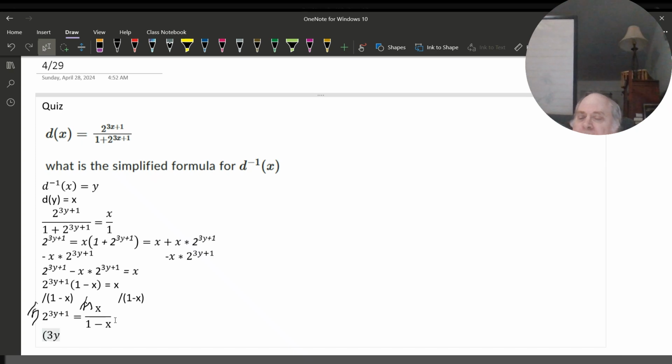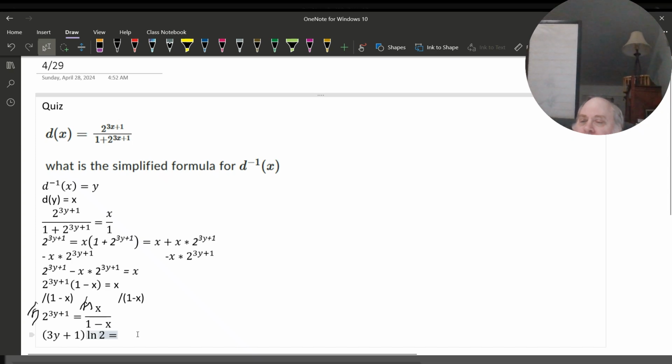When you bring something out, the whole thing is going to be multiplied by the ln of 2, because the exponent comes out and it's just the ln of the base.